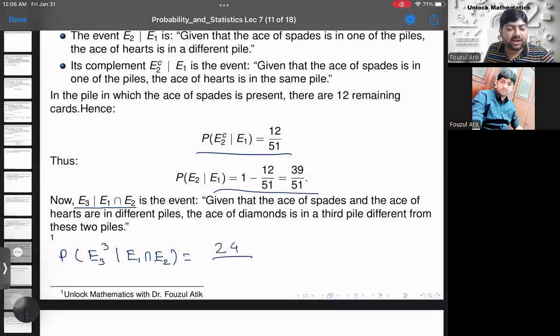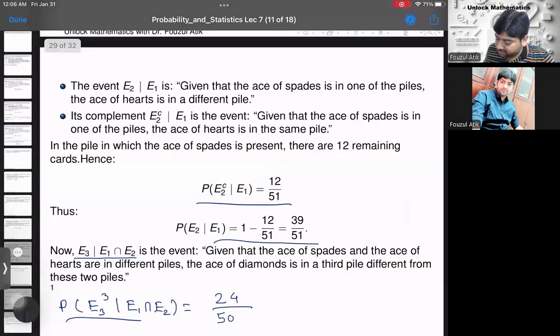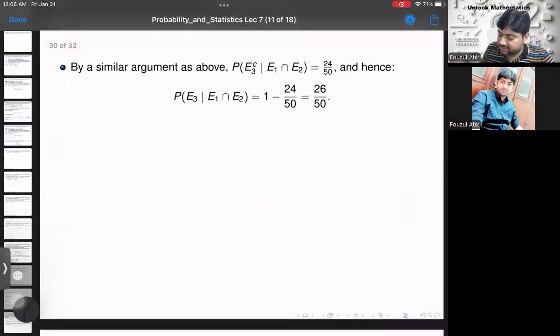And in the standard deck, how many choices are remaining? Two have already been taken, so 50 choices remain. Therefore P of E3 complement given E1 intersection E2 is 24 by 50, and then P of E3 given E1 intersection E2 is 1 minus this quantity. So this is 26 by 50.